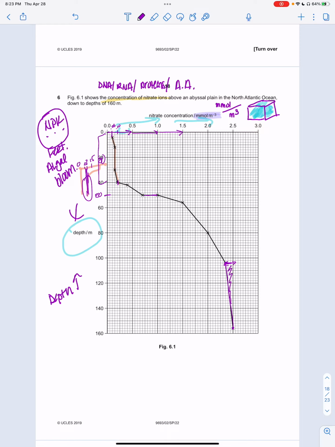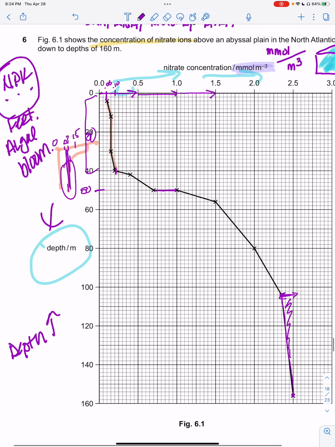It's 0 to 40 meters, so that increases by a little more than 0.25, like 0.3.